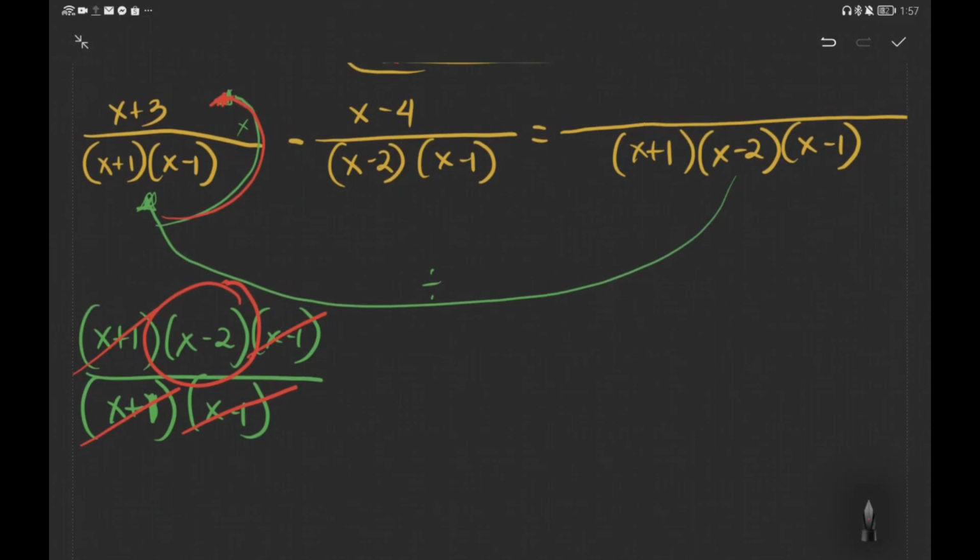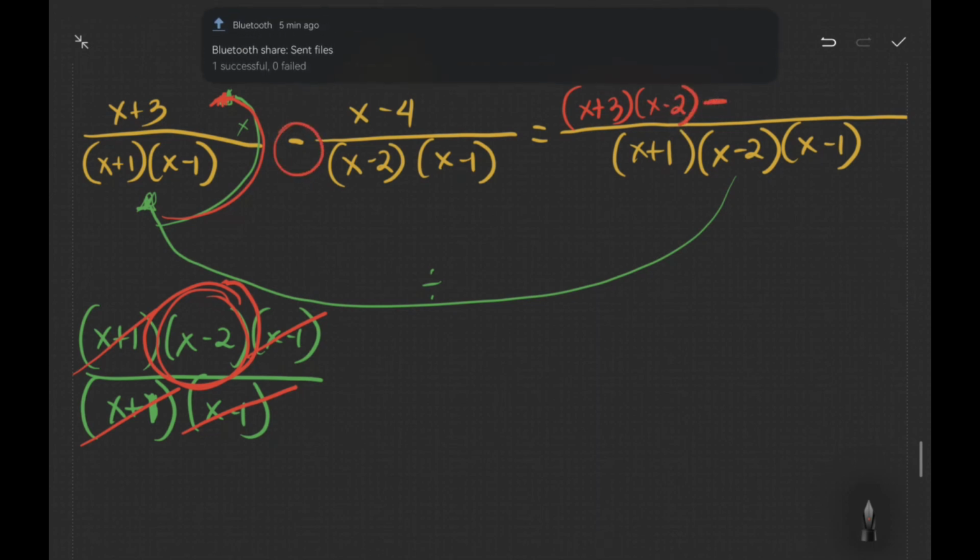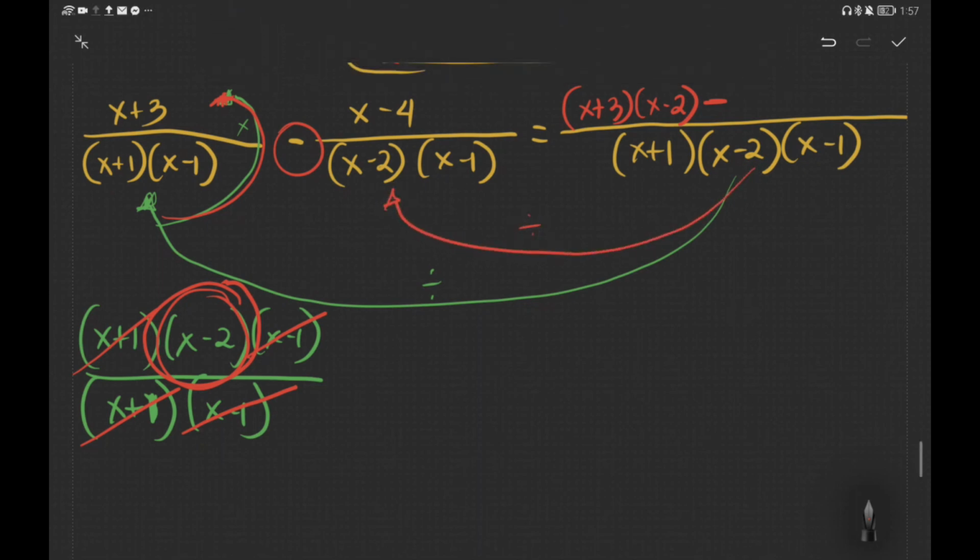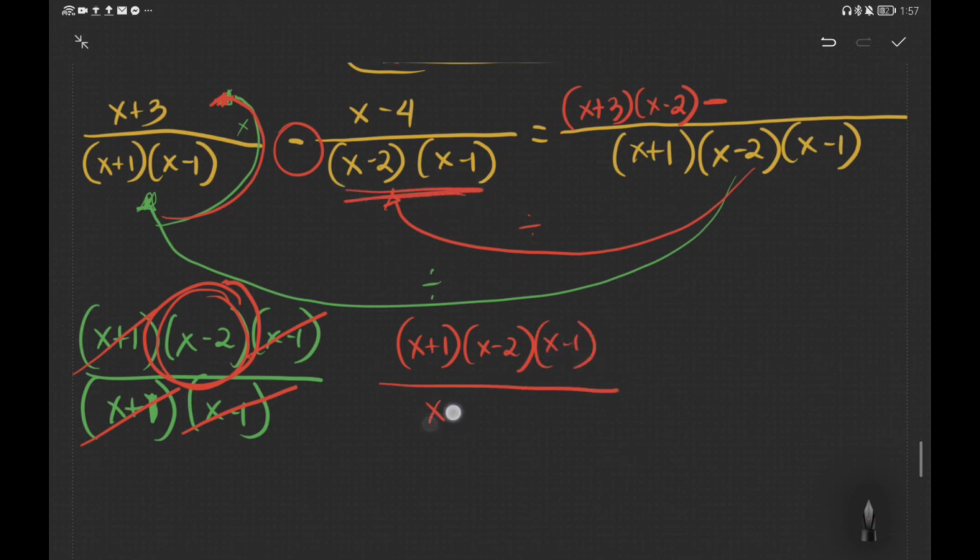Now, let's multiply what remains, x plus 3, by the remaining x minus 2. And we copy the subtraction symbol. Now, since the LCD was divided by the first denominator, we now divide it by the second denominator. So, we copy the LCD first, x plus 1 times x minus 2 times x minus 1, over x minus 2 times x minus 1.